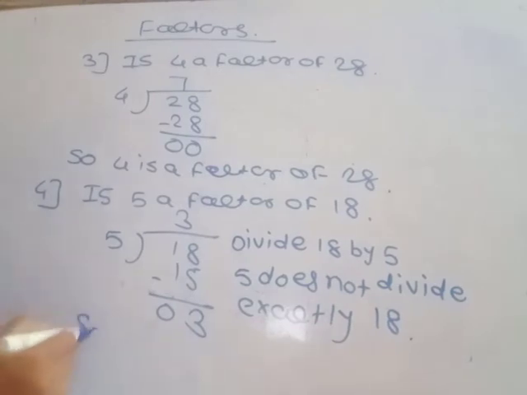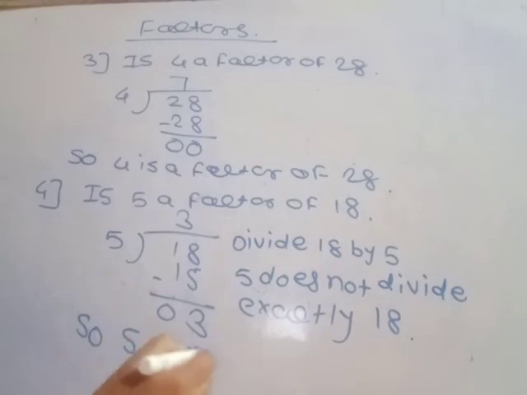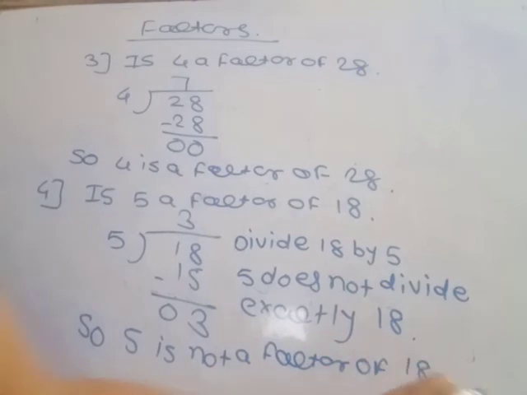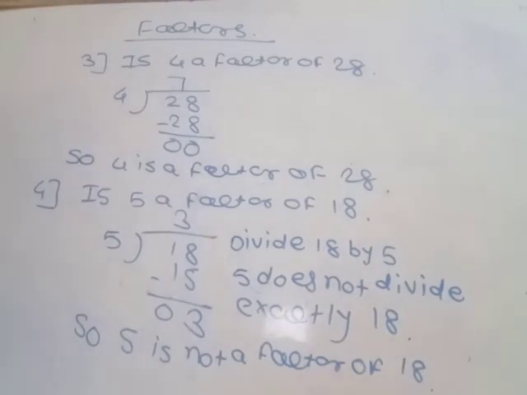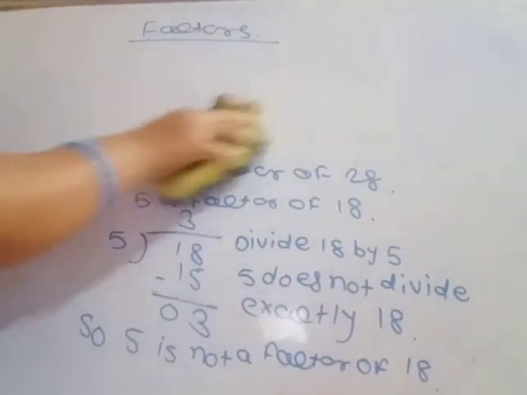So then below write, so 5 is not a factor of this number 18. 5 does not exactly divide 18, therefore 5 is not a factor of 18.